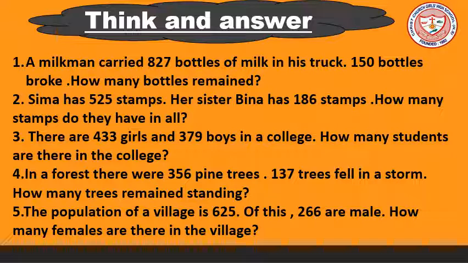How many trees remained standing? Number 5. The population of a village is 625. Of this, 266 are male. How many females are there in the village?